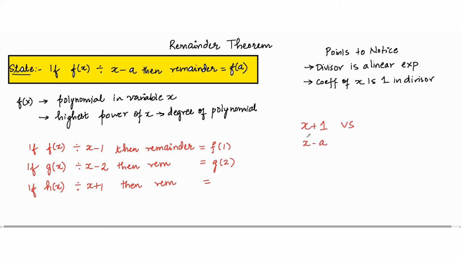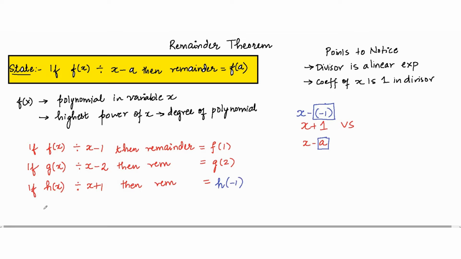If you carefully notice, x and x match, but minus a is equal to plus 1, which in turn means that a is equal to minus 1. The other way of understanding this would be x plus 1 can be written as x minus of minus 1, and that is why the value of a matches to minus 1. So if h of x is divided by x plus 1, then the remainder is going to be h of minus 1.